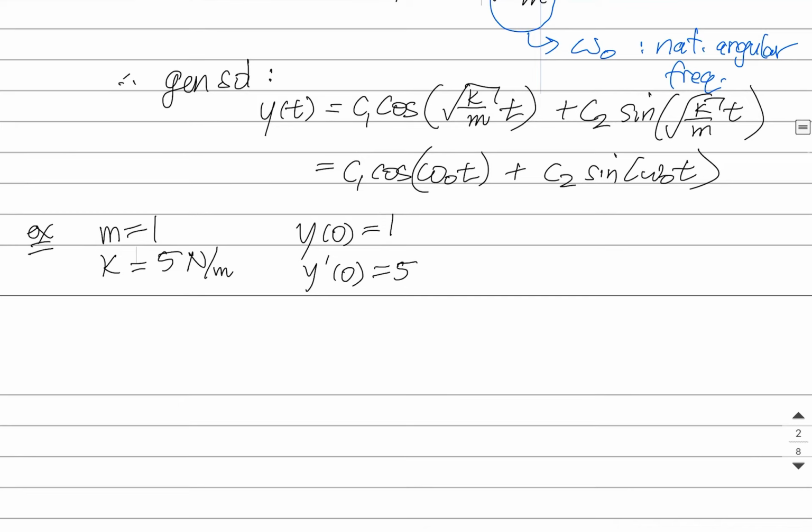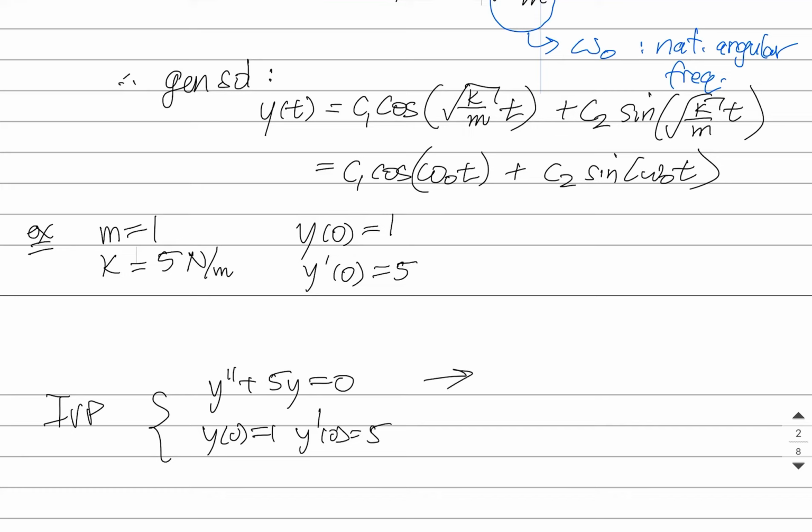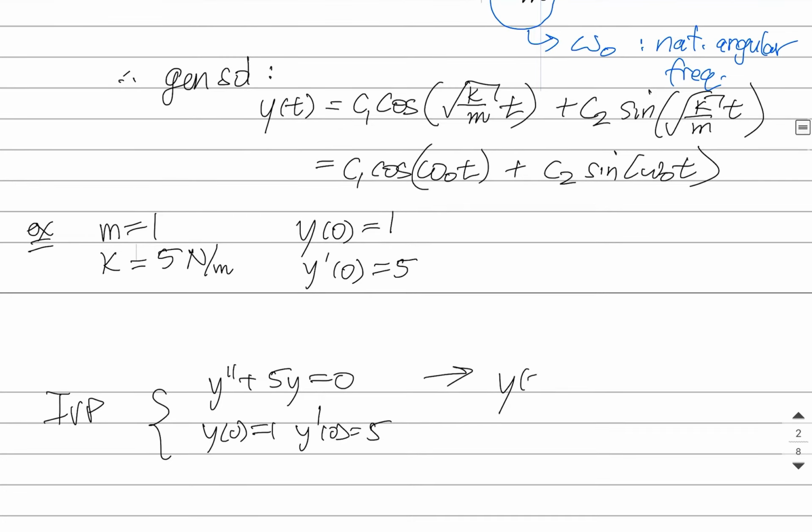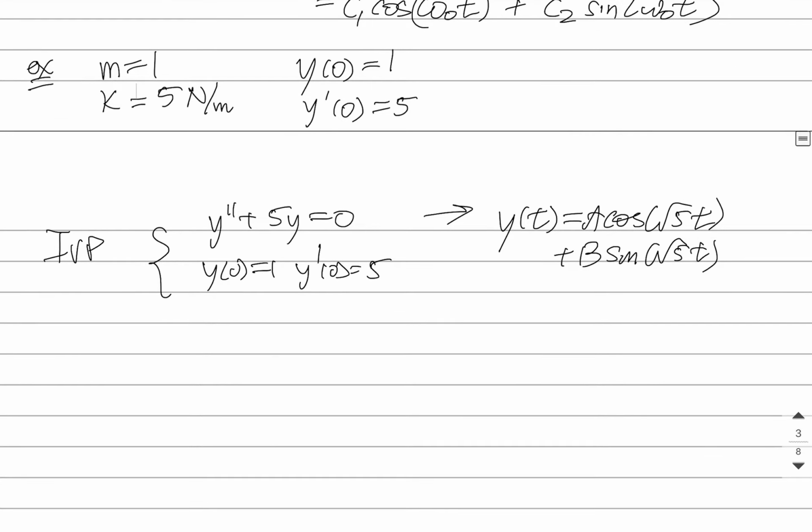So in this case, the initial value problem that we're going to solve is y double prime plus 5y is 0, y of 0 is 1, y prime of 0 is 5. We know that in this particular case, we are going to get a very quick answer, a cosine root 5t plus b sine root 5t. We want to apply the initial conditions.